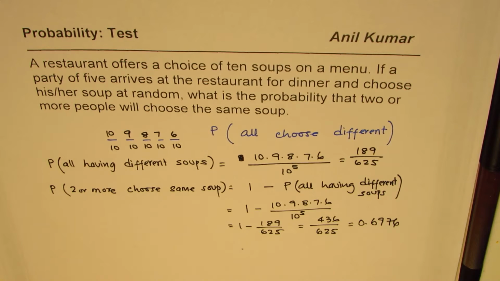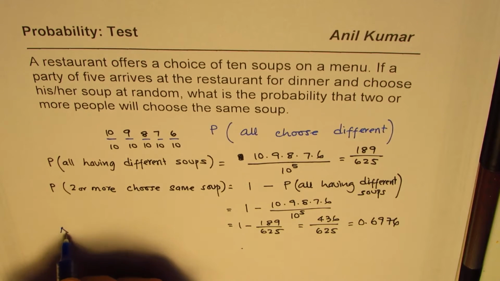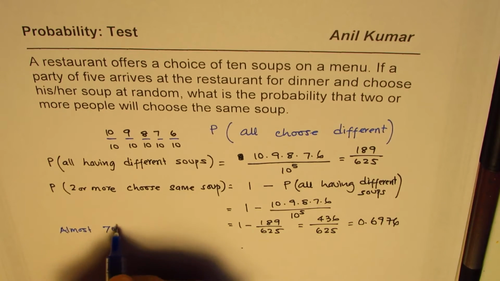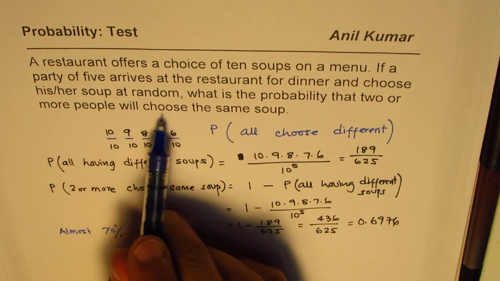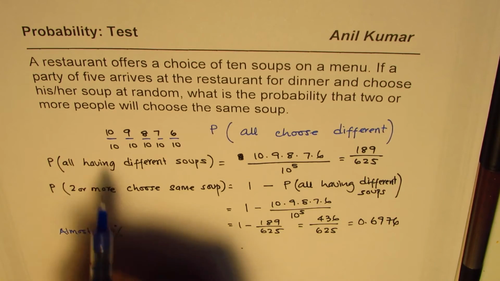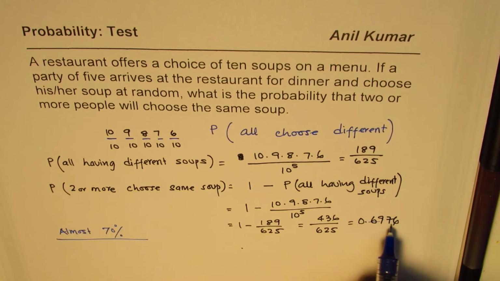So that is how you can solve such a question. I hope the concept is clear. So the answer here is almost 70% will choose the same soup for this particular question.